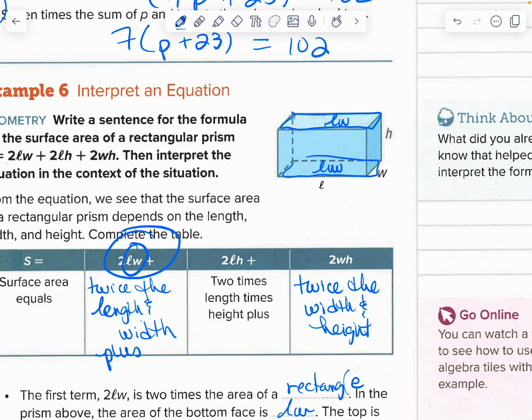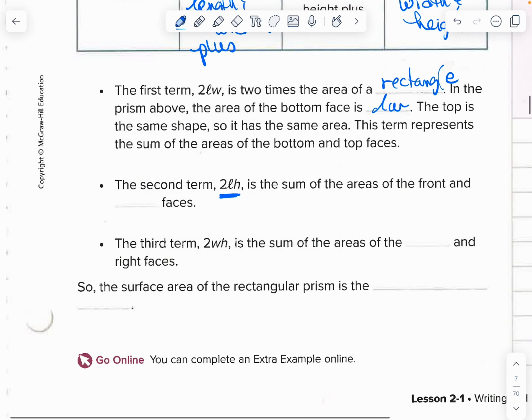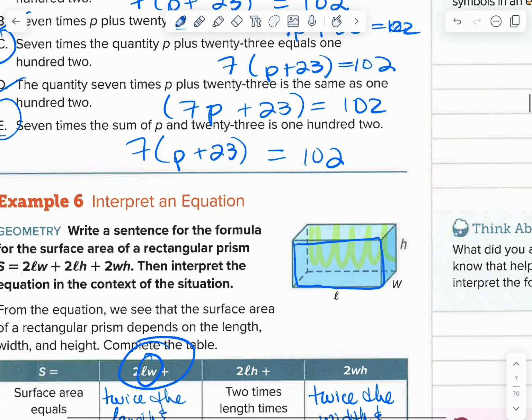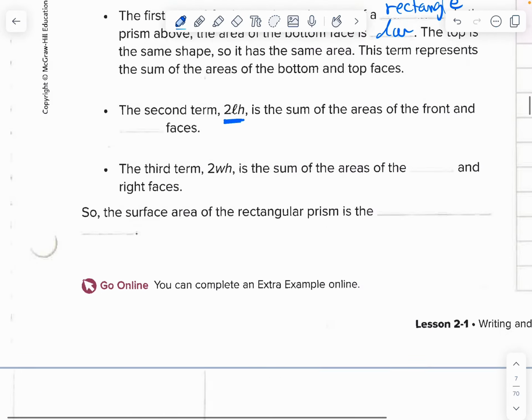And the back. Okay? That's LH. And then the third one, WH, is talking about here and here. So it gets all of the sides.